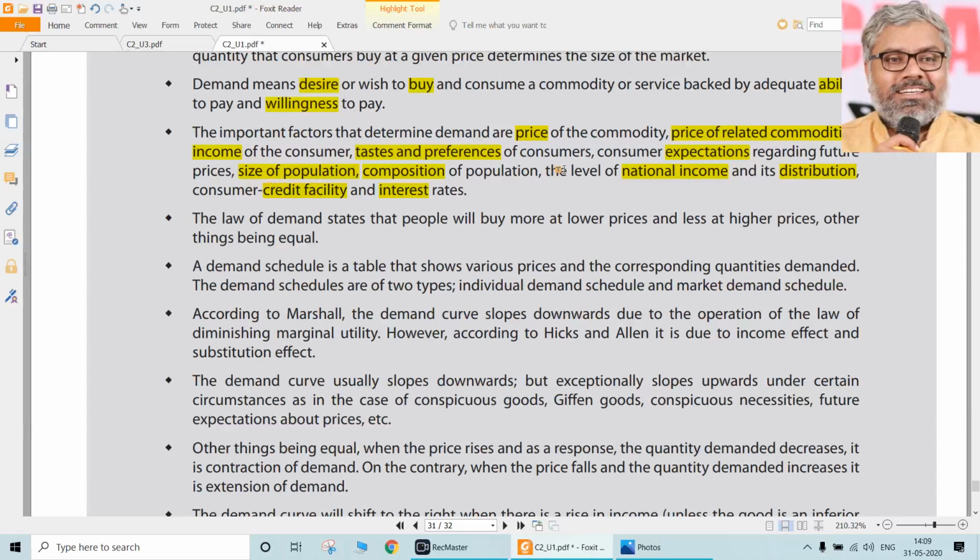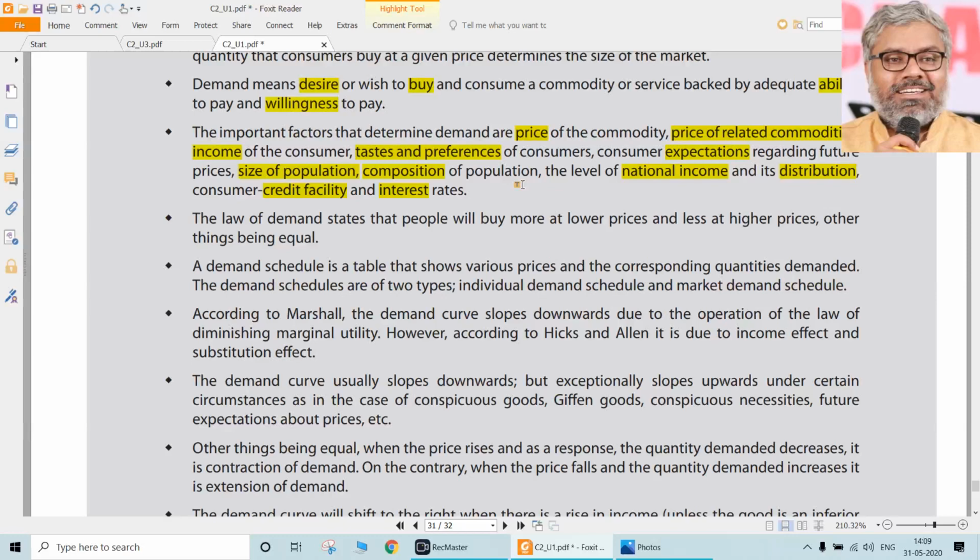But of course, as we have already observed, all these determinants definitely have an influence on demand, but that does not mean we will be able to quantify the magnitude of the impact which they can create on the demand. Some of them we quantify, and when we quantify, that's what we call elasticity of demand.